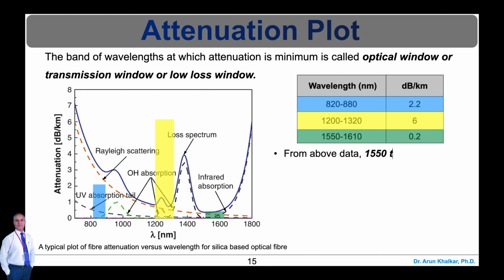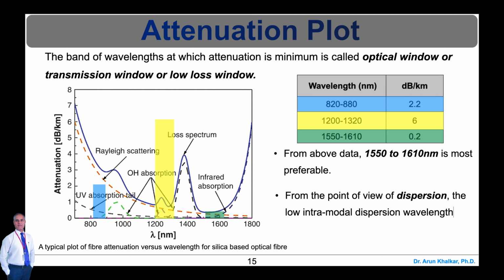From the above data, it is seen that 1550 to 1610 nanometer is most preferable from the point of view of dispersion. The low intramodal dispersion wavelength, about 1300 nanometer, is most suitable. This is all about the attenuation plot.